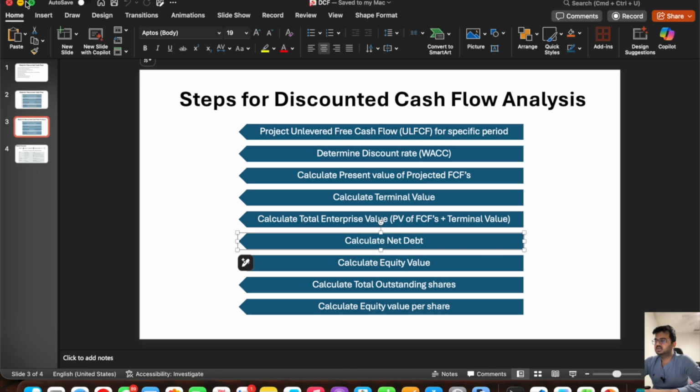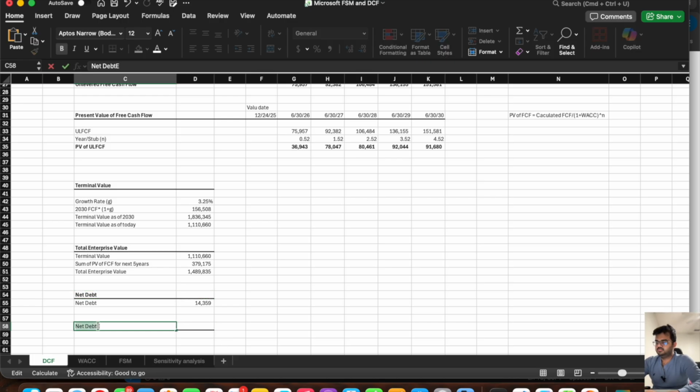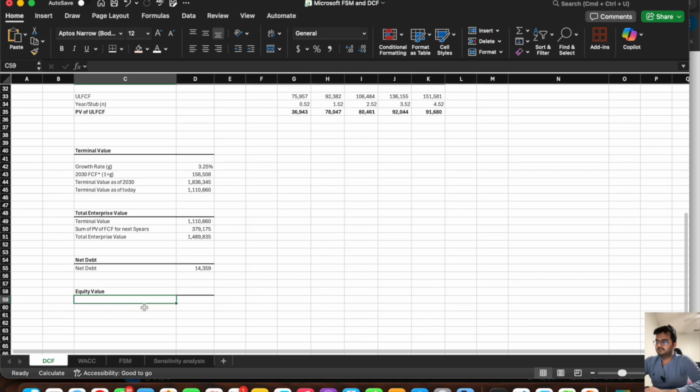Now we could go ahead and calculate the equity value. The equity value is the total enterprise value and net debt summation.